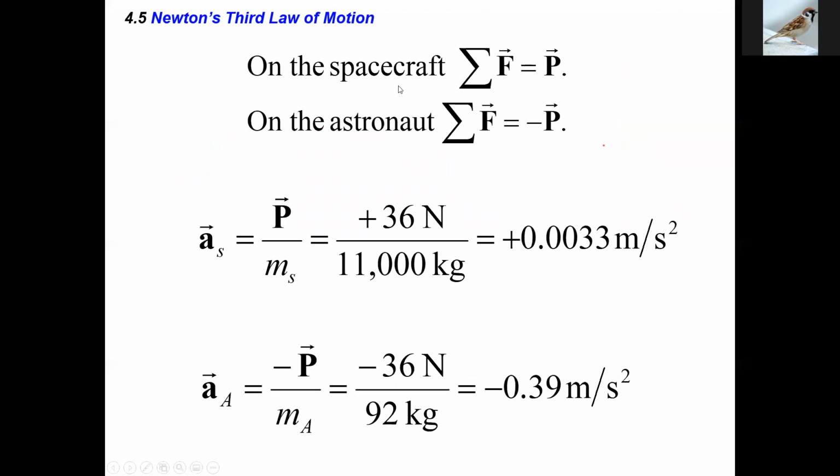We have that. So on the spacecraft, F is equal to P, and then on the astronaut, F is equal to negative P, opposite. So if we use the P there, 36 newtons divided by the mass of the spacecraft, 11,000, gives 0.0033 meter per second squared. But for the astronaut, because the mass is only 92 kilograms, and of course the force is in the opposite direction, it's negative 36 newtons divided by 92 kilograms.